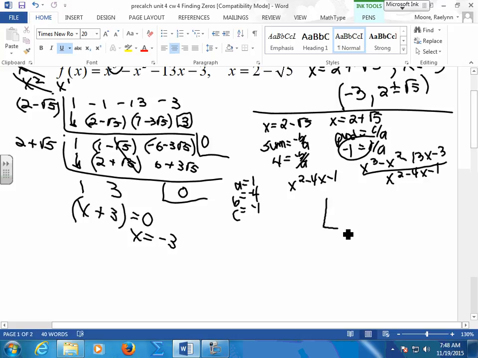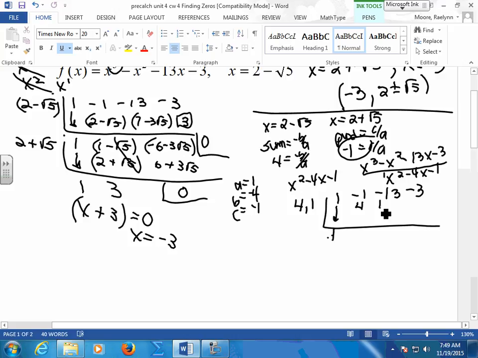So, give me the coefficients. 1, negative 1, negative 13, negative 3. This leading coefficient is 1. We're going to do a double divide. So it's going to be 4. You've got to pull them out the opposite way. Work with me here. Pull down to 1. 4 times 1 is 4. 1 times 1 to the right, 1.